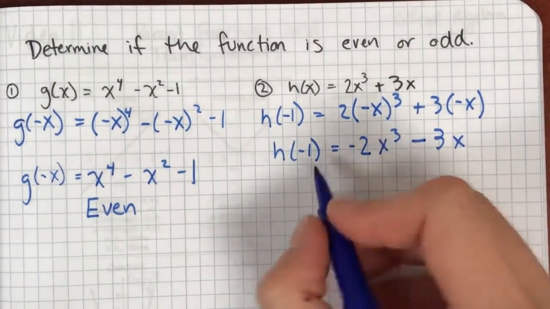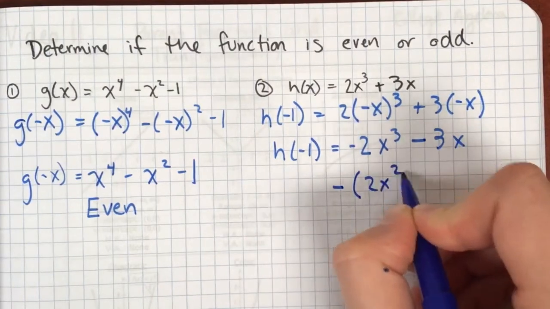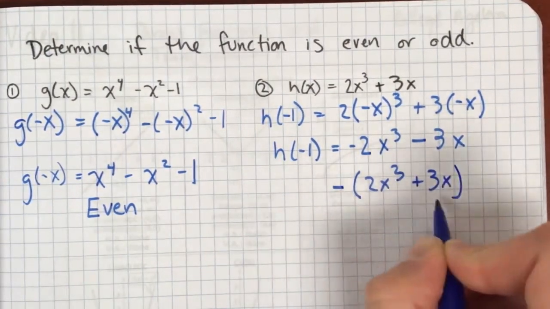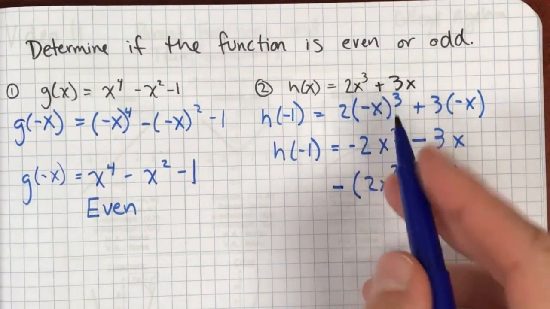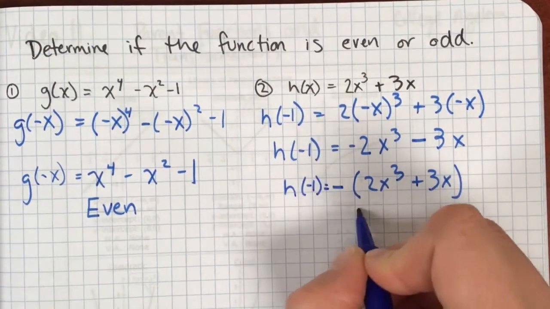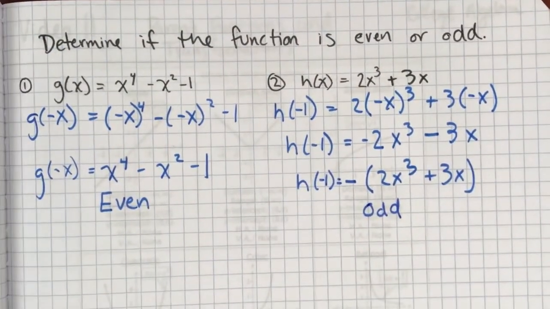All right, I can take out my negative, and it just makes my whole function be the same now as what I started with, which is the definition of an odd function. All right, so that's the difference between even and odd functions.